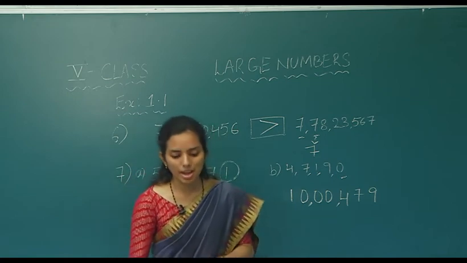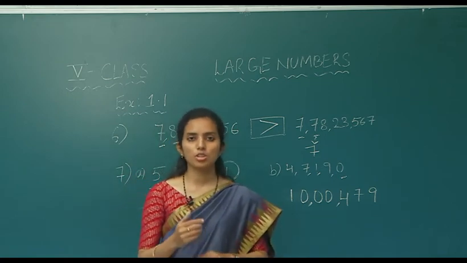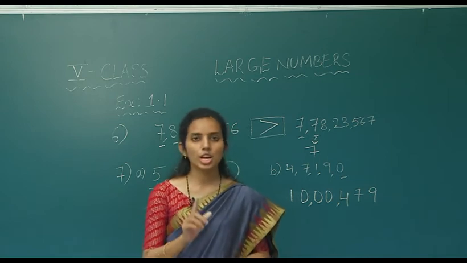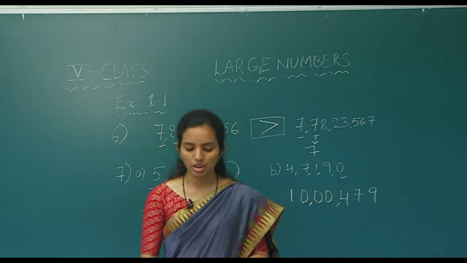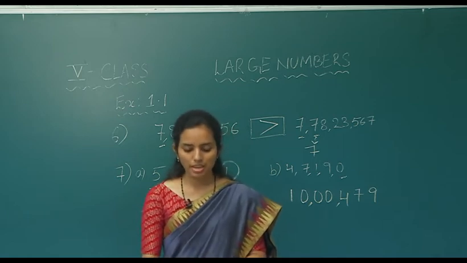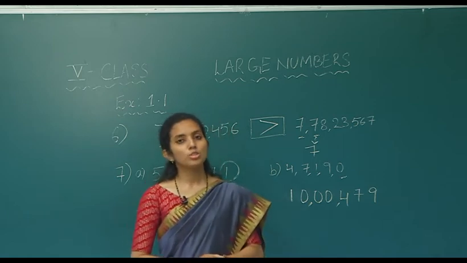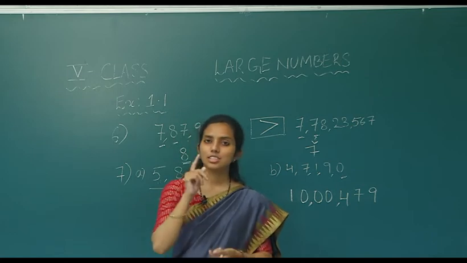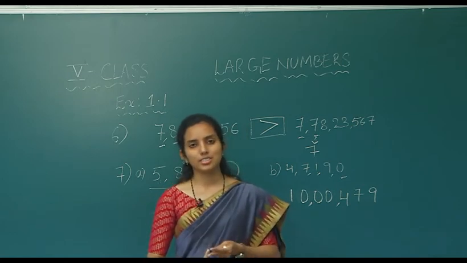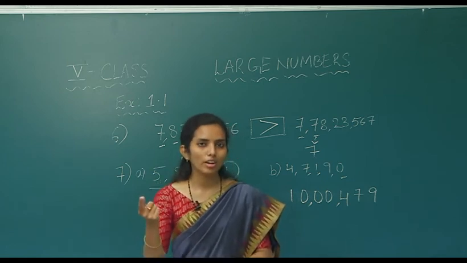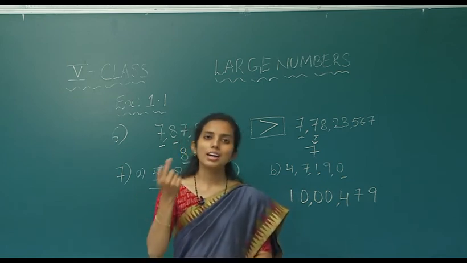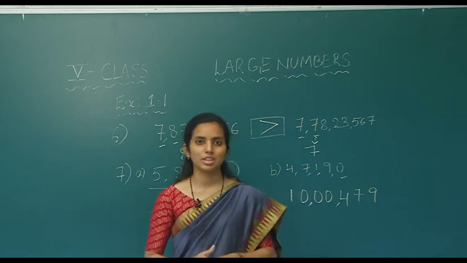So, in this manner, the next question is also of the same pattern. Question number 8. Make the smallest and greatest possible 8-digit numbers by repeating the digits. So, what is he asking? He is asking smallest and greatest. So, what do we have to do? We have to write in ascending order for the smallest number and descending order for the biggest number.